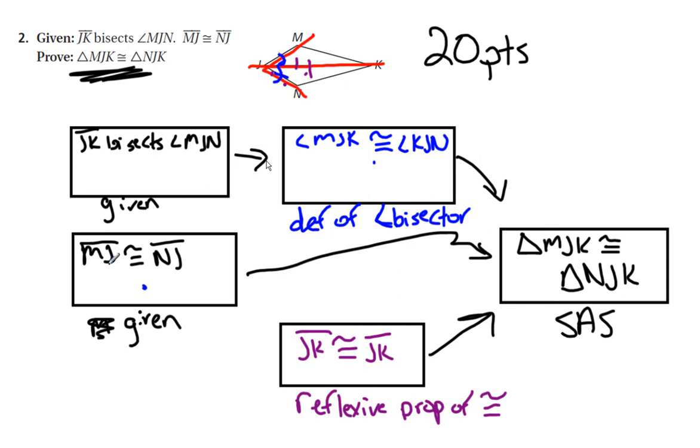The arrow should only correspond to a step that requires that information. So some people said that MJ is congruent to NJ and that had something to do with these angles, which makes no sense. Some people said that the angle bisector had to do with the side being congruent to itself. Also doesn't make sense. Don't just put in arrows because you think they need to be there. Only put them in a logical sense.